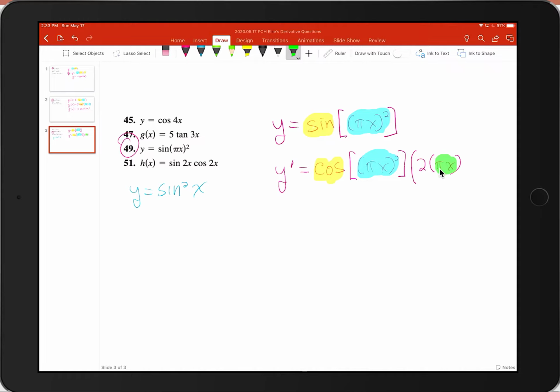Now, things like pi and e tend to confuse kids, make you panic a little bit, but the fact is pi is just a number. There's no difference here than if it were 5 times x. And if the inside function, my second inside function in this case, is 5 times x, the derivative of that function would just be 5. Any number times a variable, the derivative of the whole expression is just the number.